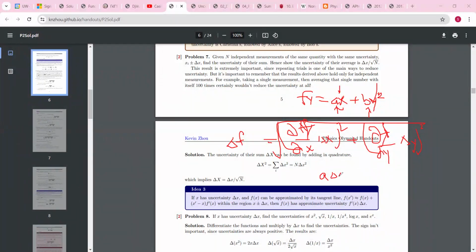A дельта x в квадрате плюс 2b дельта y в квадрате, square root is equal to delta f экен.